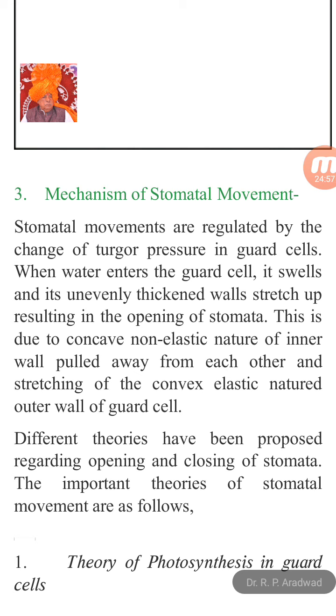When the turgor pressure increases, wall pressure is created, and because of that the guard cell is stretched out and the stomata open. This is due to the concave non-elastic inner wall being pulled away, and the stretching of the convex elastic outer wall of the guard cell.